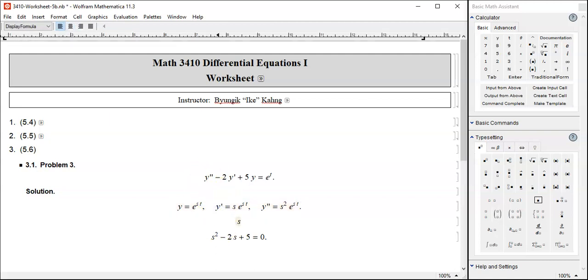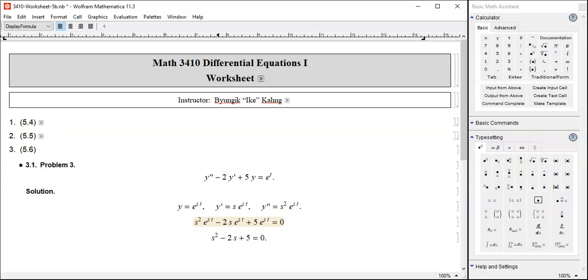y'' is s^2 e^(st), minus 2s e^(st), plus 5 e^(st).